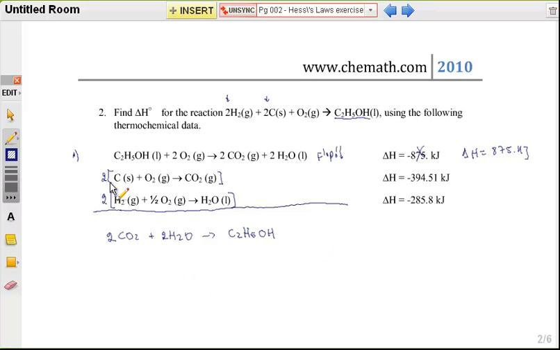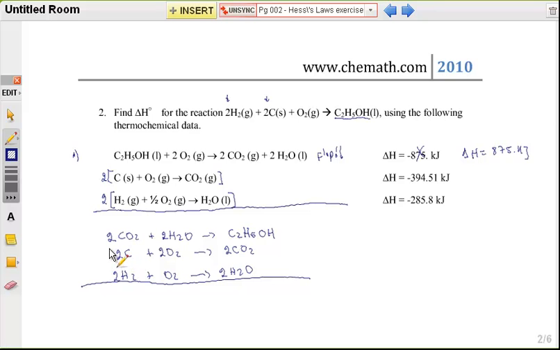And then the second equation we got 2 carbons plus 2 oxygens produce 2 CO2, and my third equation will be 2 hydrogens plus 1 oxygen produce 2 waters, and then we are going to cancel out whatever is on both sides.